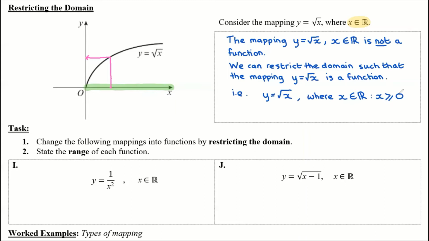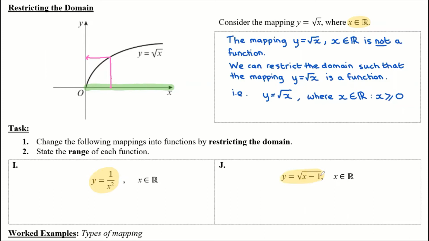So the next thing you're going to do is you have a task. So we're on sections I and J, keeping this alphabetical system going. And what I'd like you to do first with these two mappings, the first mapping is y equals 1 over x squared, as you can see here, and I've got a domain of all real numbers. And the second mapping is y equals the square root of x subtract 1.